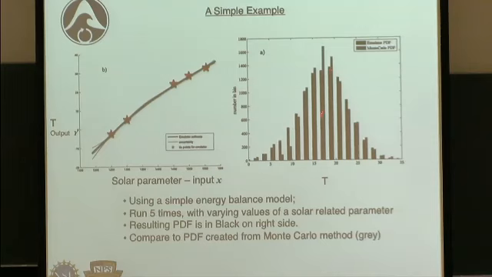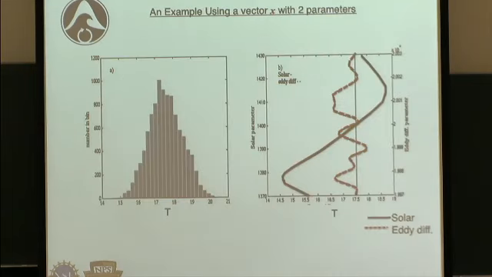And you can see that there's a pretty similar comparison in the PDFs. And so that gives you some confidence that this sort of method might work on a more complicated problem.